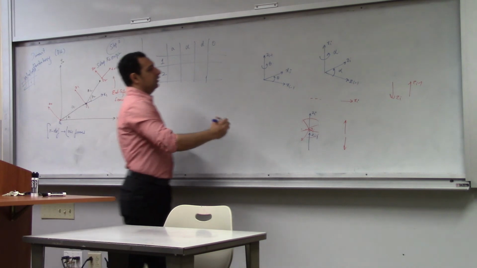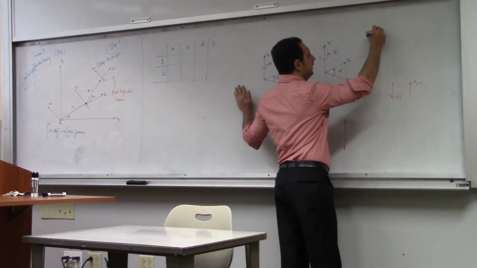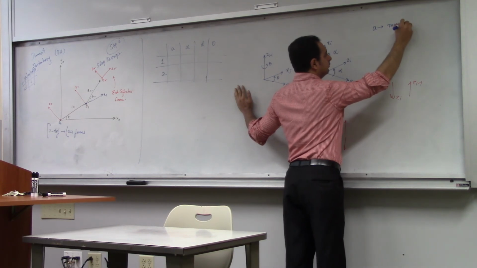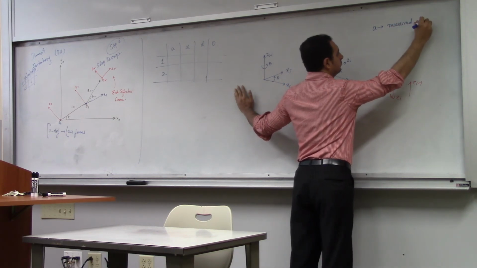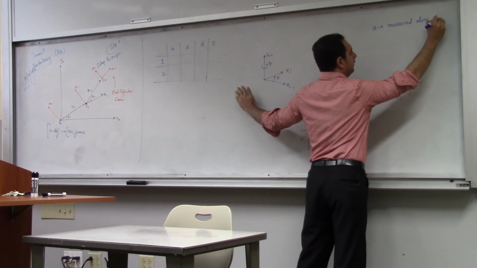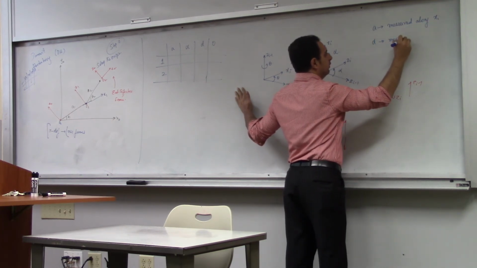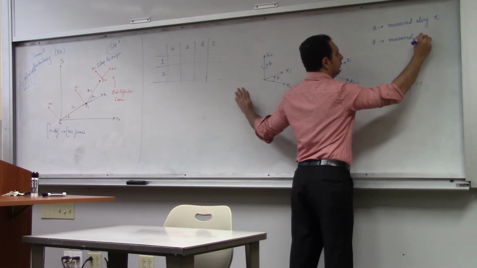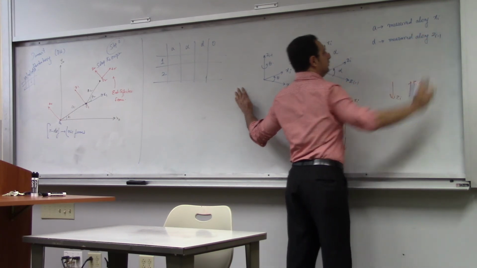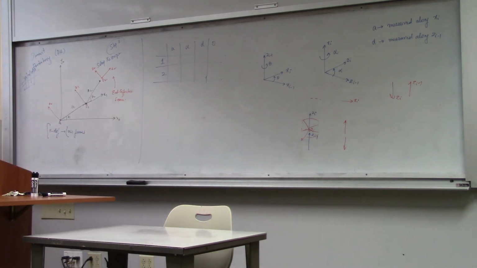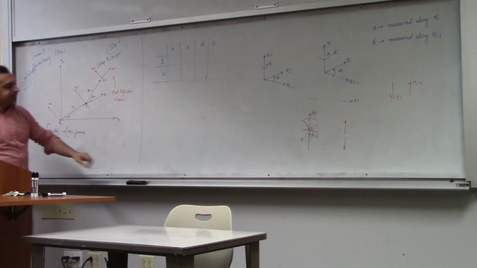A you measure along xi. Distance A is measured along xi, and D is measured along zi minus 1. Okay. As we do more examples, this will get a little more clear.